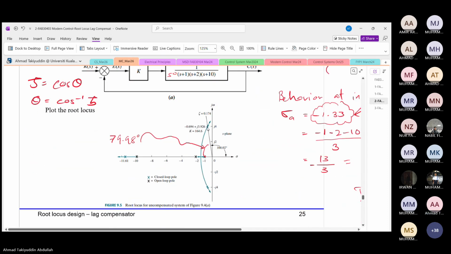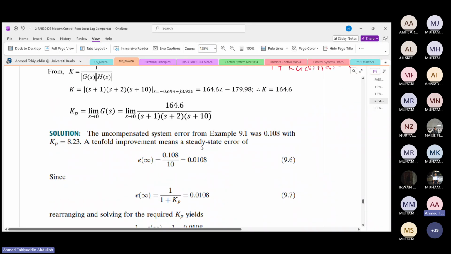When you have the point of this dominant pole, it will affect the solution that you are going to have for K. Your K probably will not be exactly K equal 164.6. So having a K that is not the exact value in the slide, your answer is probably going to be quite different from what you have here.